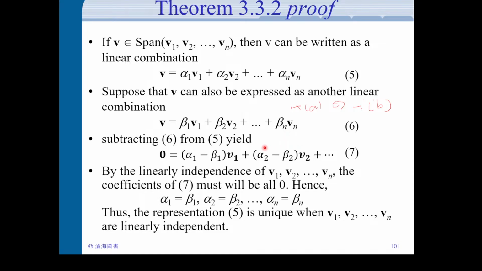We just subtract those two equations, and v minus v becomes 0, and then we have alpha minus beta as coefficients. Because the two expressions are different, not every alpha equals beta, so one of those alpha minus beta is non-zero.